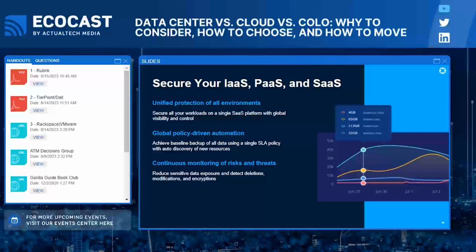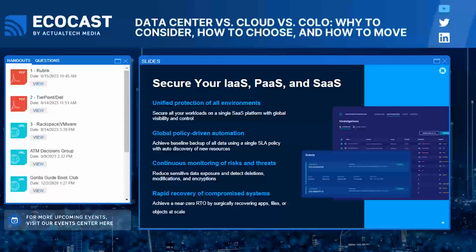We've activated that data, giving you the ability to find sensitive data and over-permissioned objects within the environment. The ability to understand if data is being impacted, if there are deletions or modifications or even encryption happening to the data. These are all areas where we feel like the backup environment is the best place for that kind of work. So that continuous monitoring of risks and threats in the environment is really the key there. And being able to give you that ability to recover, right?